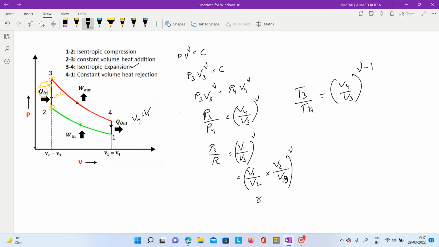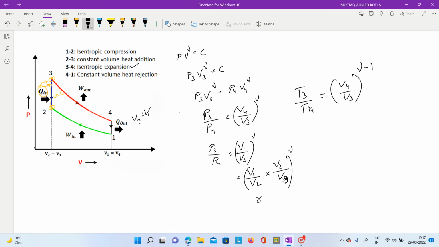In most questions which I have solved till now, in the basic concept, only I am telling about the basic concept, they will give V2 equals V3 also. V2 equals V3, friends.